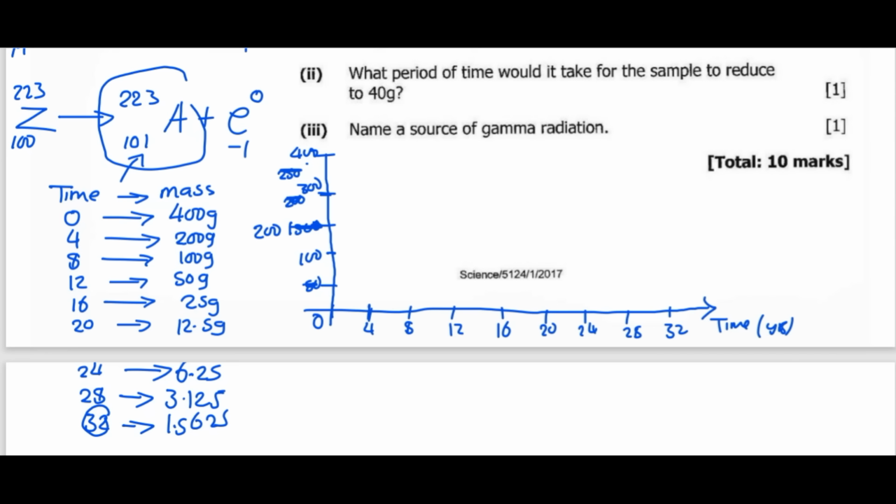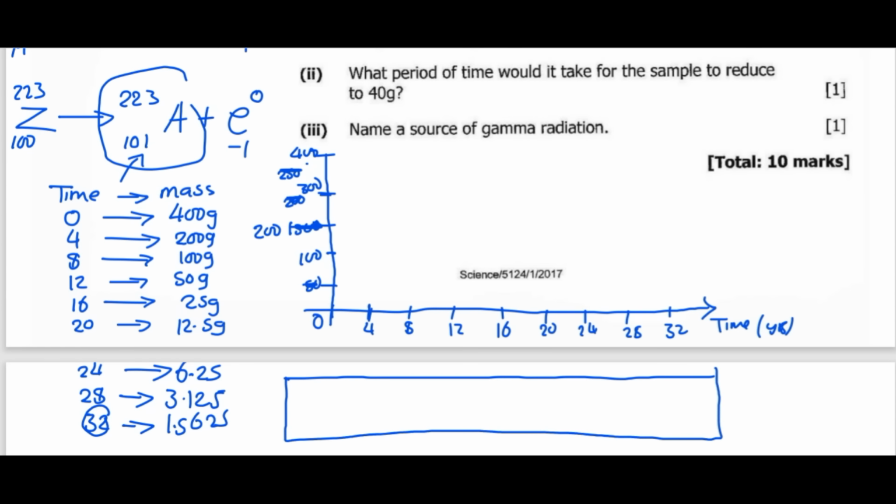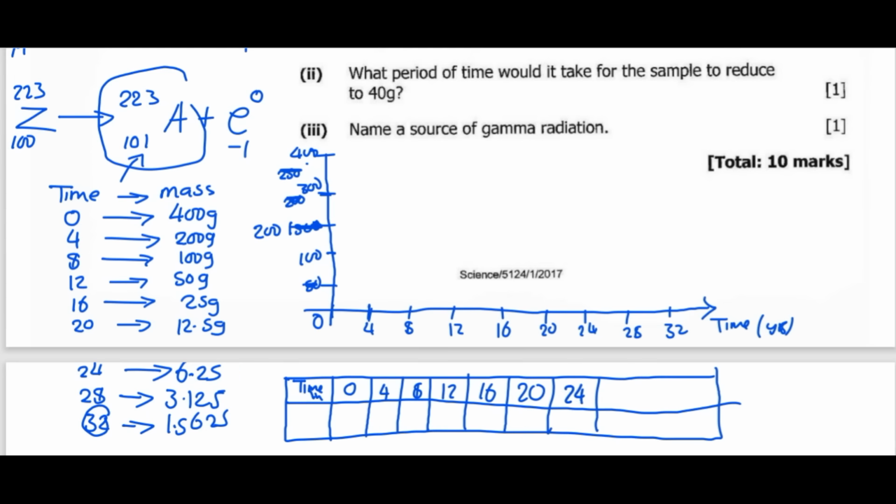So for the points that we are going to plot, we can make a table of values. Here we have time in years: 0, 4, 8, 12, 16, 20, 24, 28, 32.